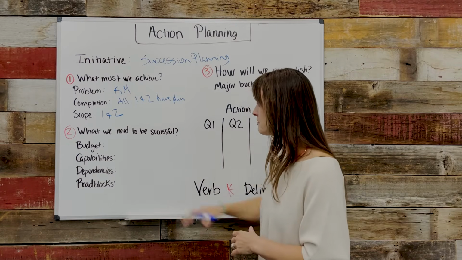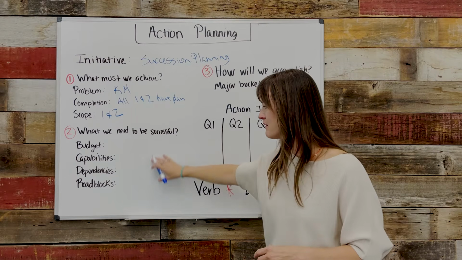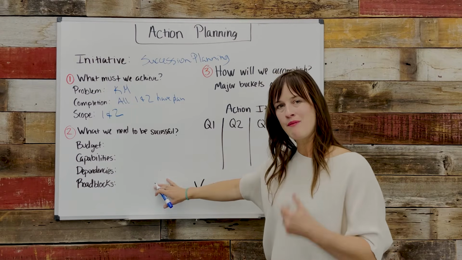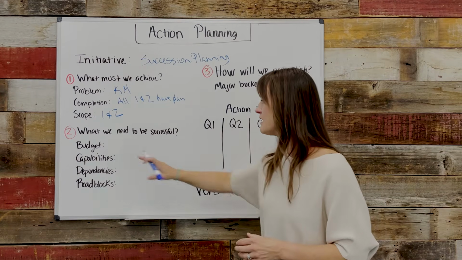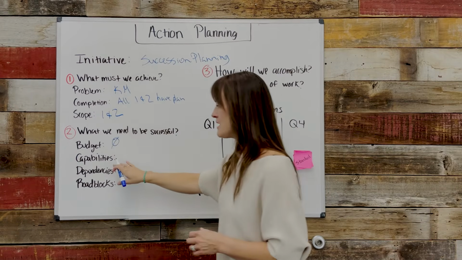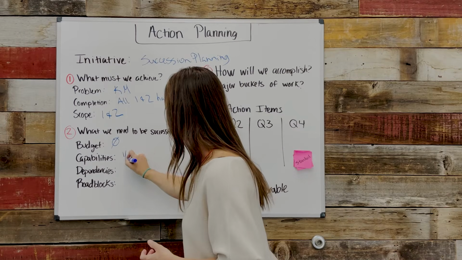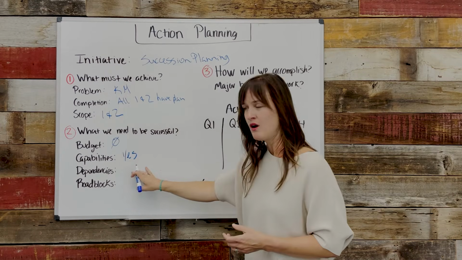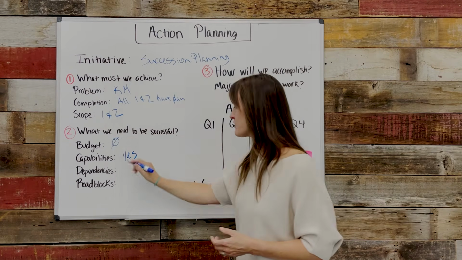Super. Moving on. What do we need to be successful? This is really: do we have what we need, money and people, to successfully implement this initiative? Let's see. Do we need additional budget? I'm going to say no, we don't need additional budget. We know how to do this. Do we have the capabilities? Our HR team has the capabilities. Yep, they sure do. What dependencies do we have? Well, we have dependencies on the first layer.